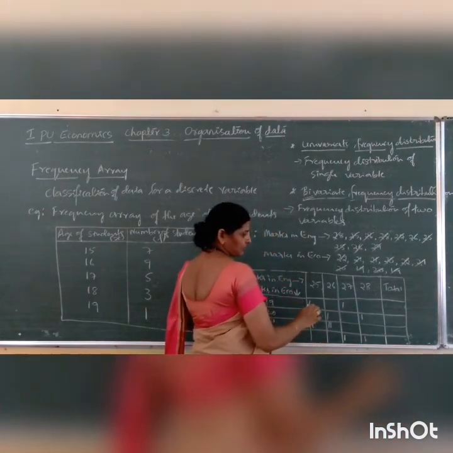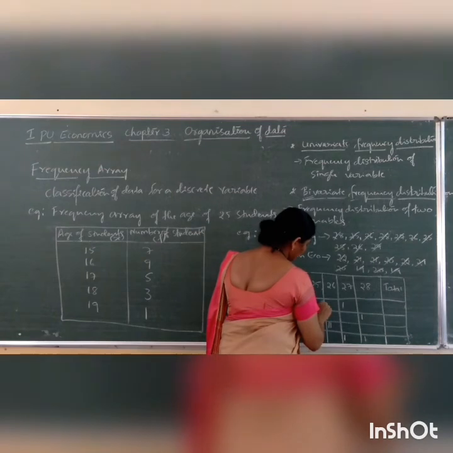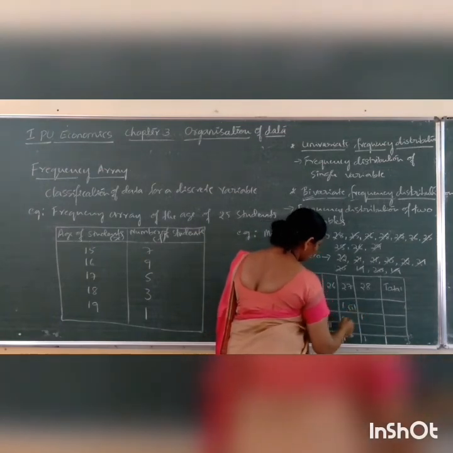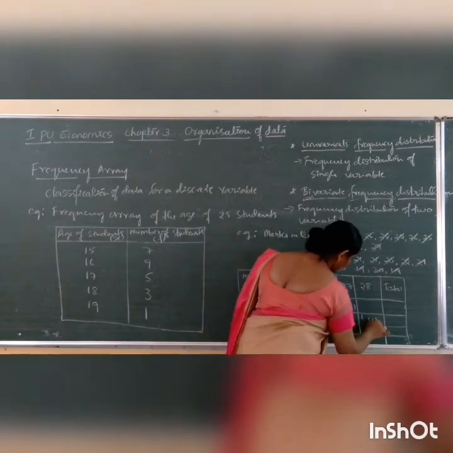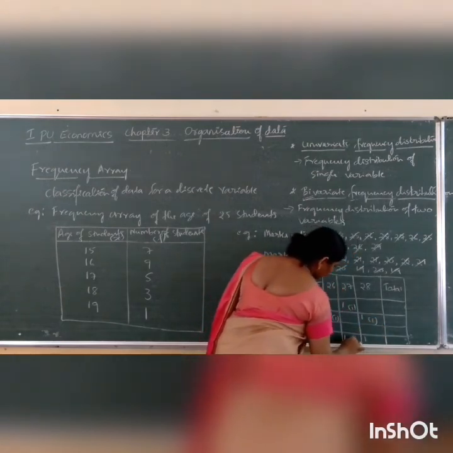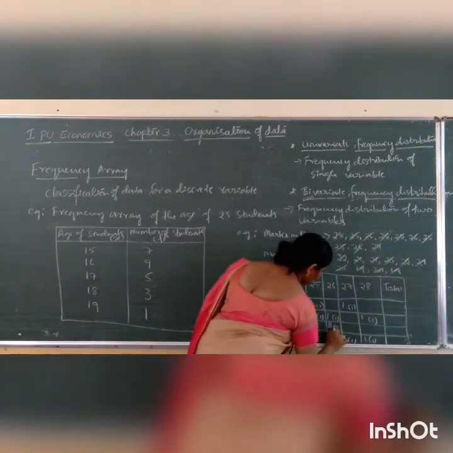So then we take the total of this. Here values only 1, here also 1, here 1, here also 1, here 1, here 2, isn't it?